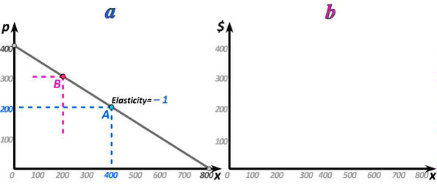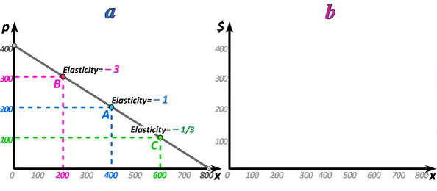Above that, the price elasticity lies below -1, and we'll say that we find ourselves on the elastic portion of demand. And below the midpoint, the price elasticity lies between -1 and 0, and we say that we find ourselves on the inelastic portion of demand.